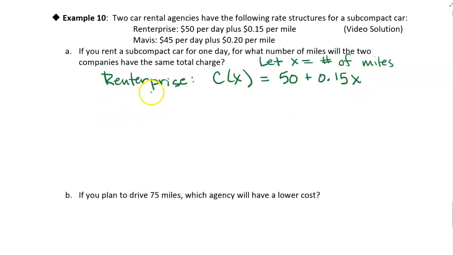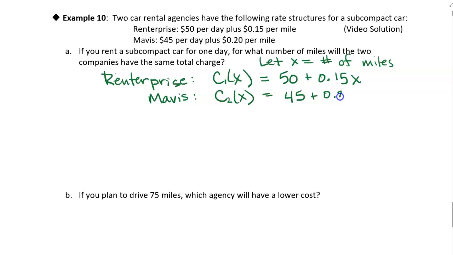Same thing for Mavis, right? Mavis is the other car rental agency, and I could distinguish these by calling this C1 and C2. The cost equation there is they're going to charge us $45 no matter what, and they're going to charge us 20 cents for every mile.